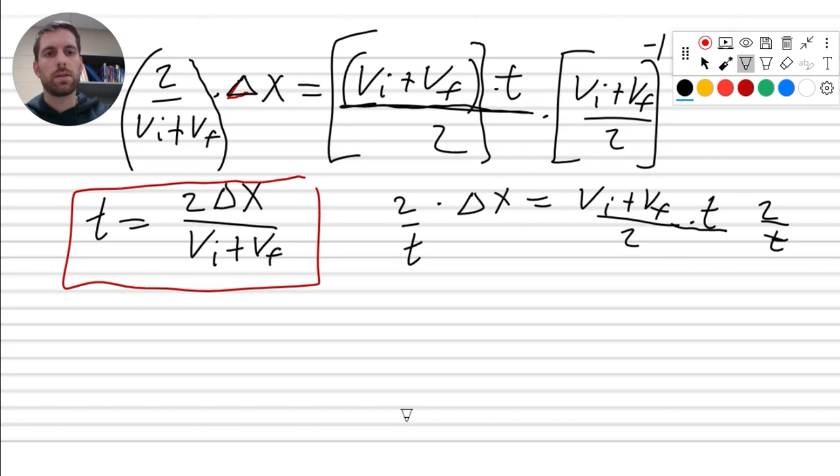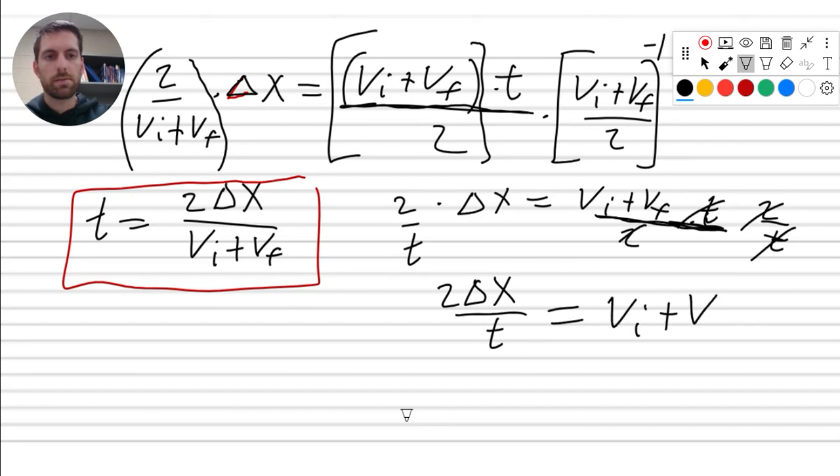So once I do that, this will cancel nicely, that will cancel nicely. 2 change in x over time equals v initial plus v final.